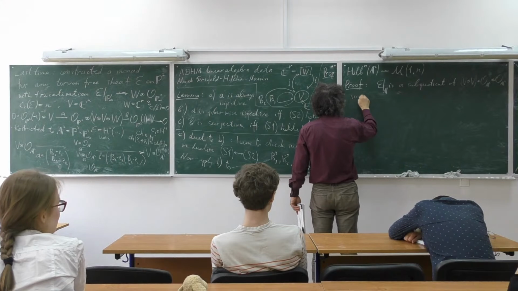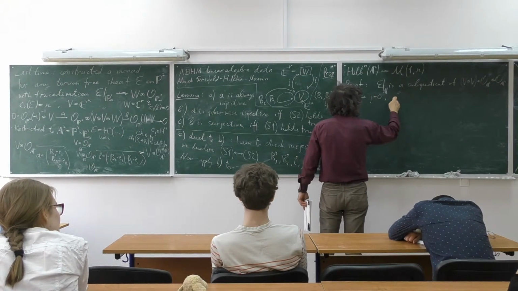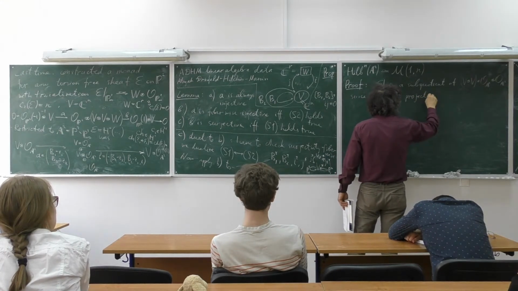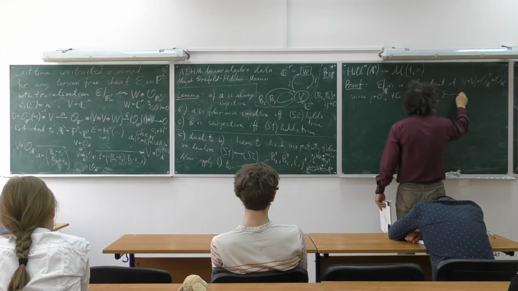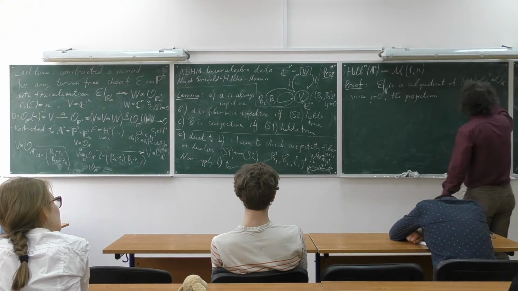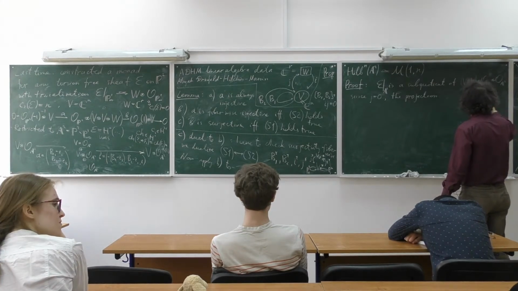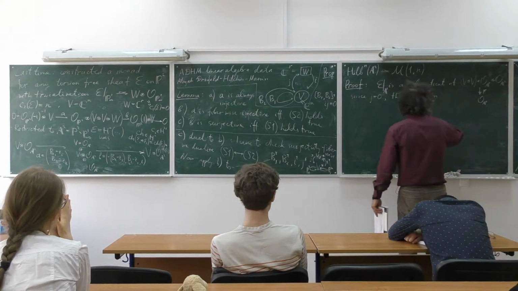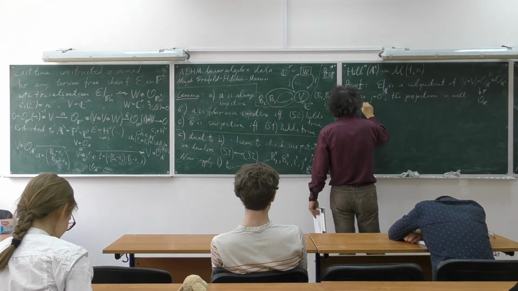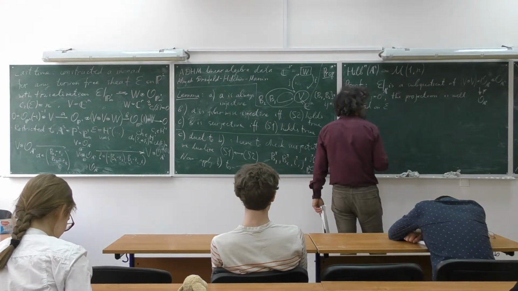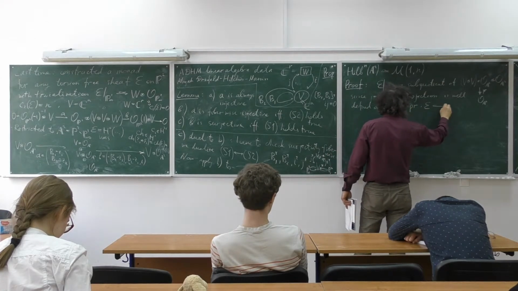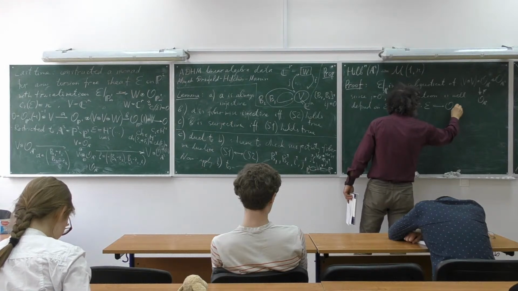So since J is 0, the projection from E, from the middle term, to A2 is well defined on E. And so I have this projection from E to E2.